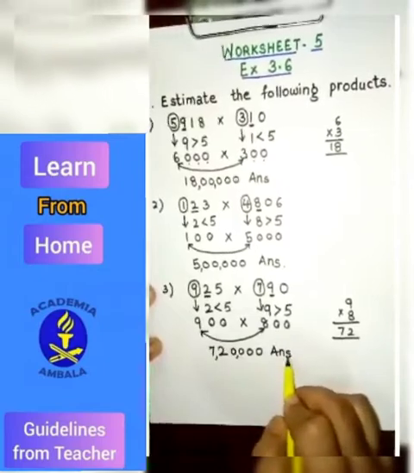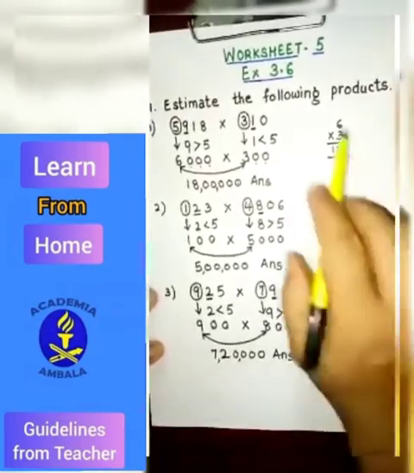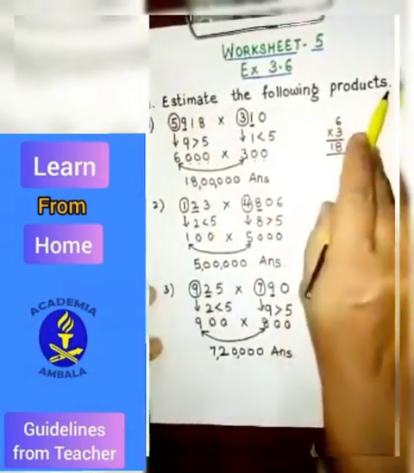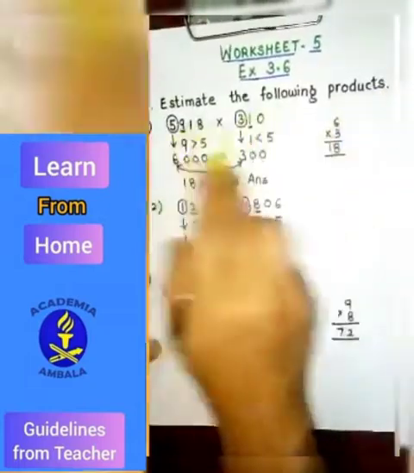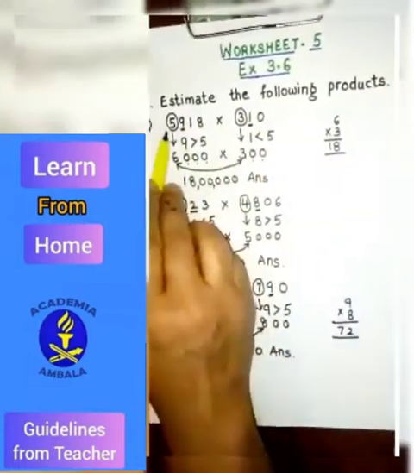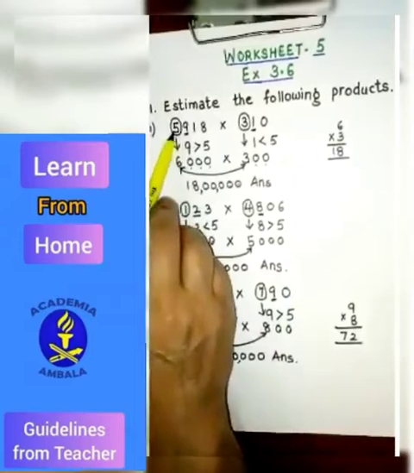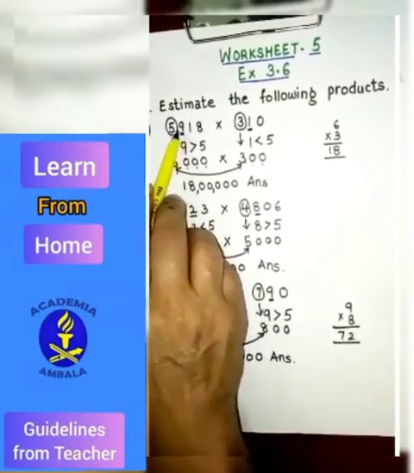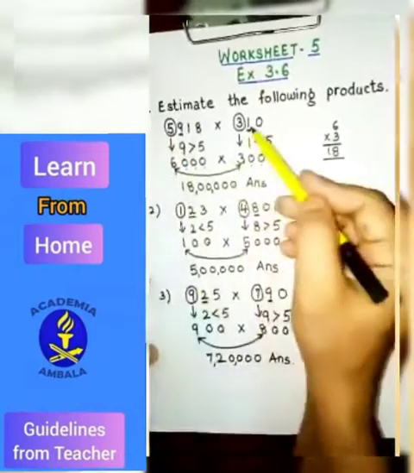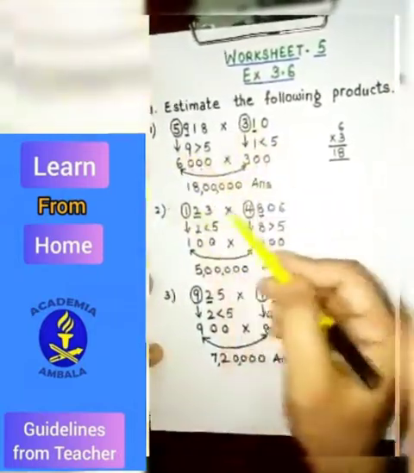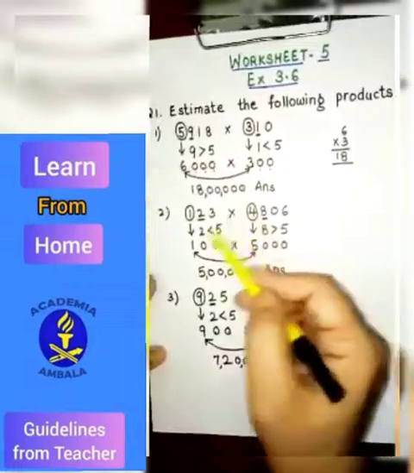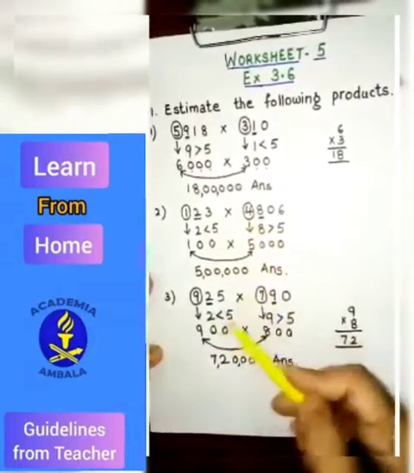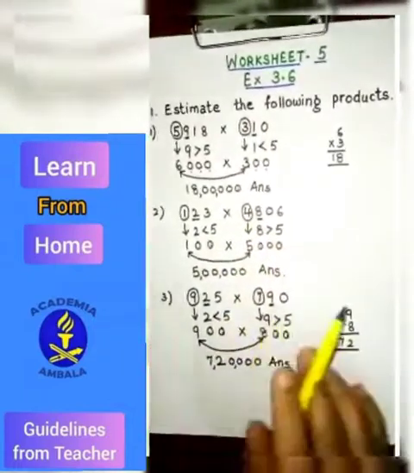And always remember one thing, whenever you have not been given any specific place to which the estimation has to be done, you are always supposed to take the first digit and the second digit in consideration. The second digit will be seen, and then according to that the first digit has to be added with 1 or can be taken off like the same.